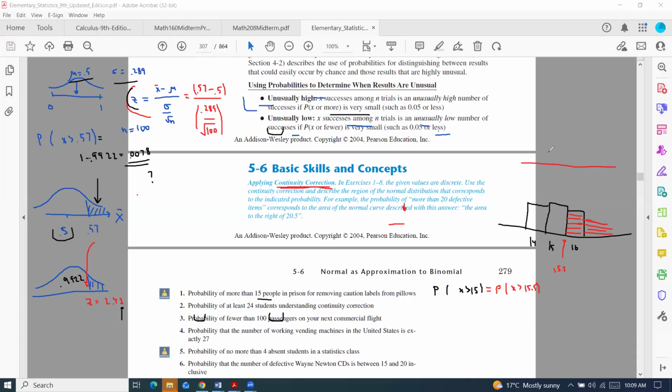And they do this in order to be able to approximate your actual binomial distribution with a bell-shaped normal distribution. So notice that this is not exactly the bell-shaped curve.